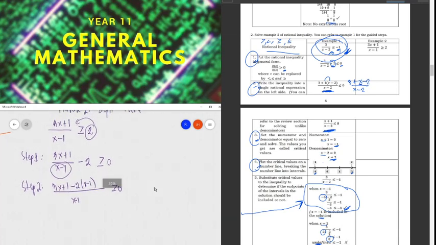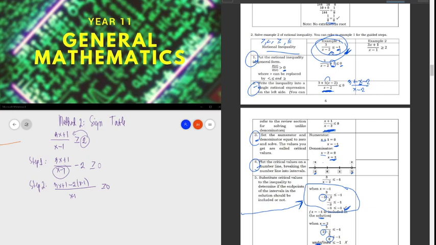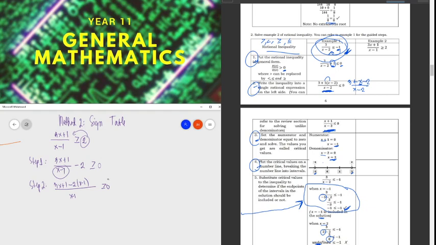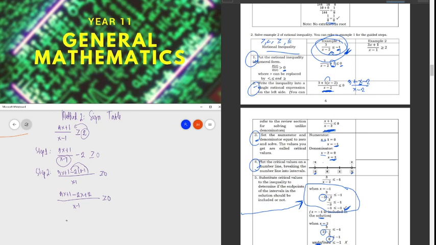I hope it's clear to you. Next step is to simplify. So we have 3x + 1, then distribute the negative 2: negative 2x plus 2, over x - 1, greater than or equal to 0. Next step is to collect like terms.